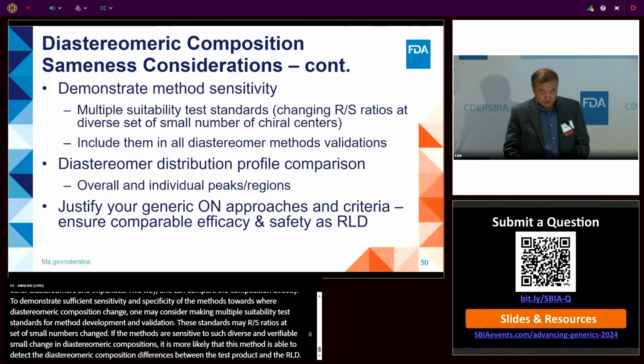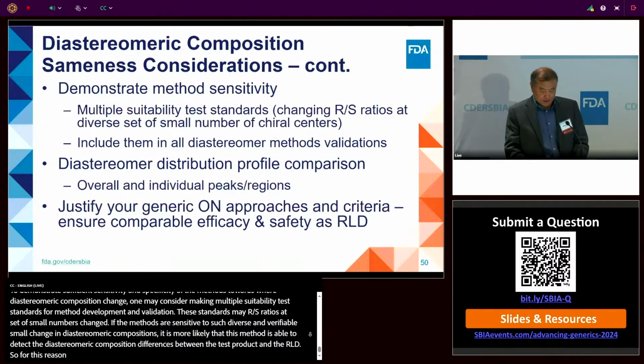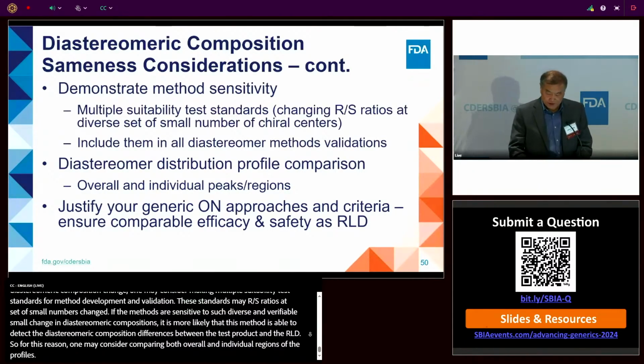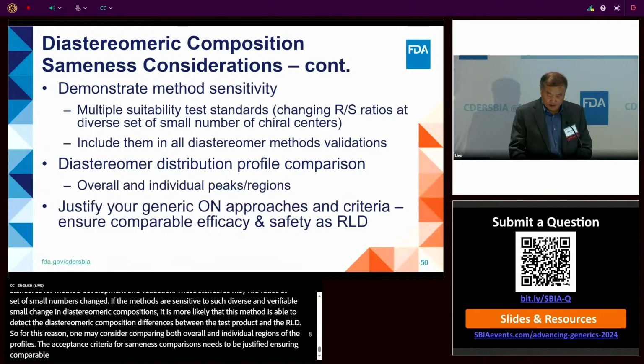So for distribution profile comparison, one may consider comparing both overall and individual regions of the profiles. The acceptance criteria for sameness comparisons needs to be justified, ensuring comparable safety and efficacy profile as the RLD.